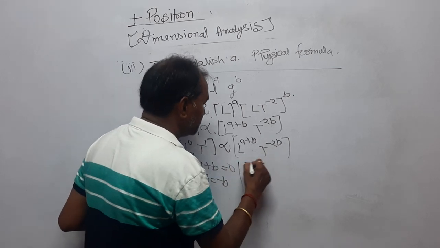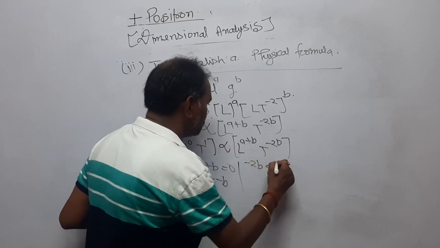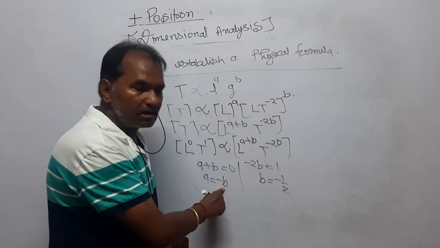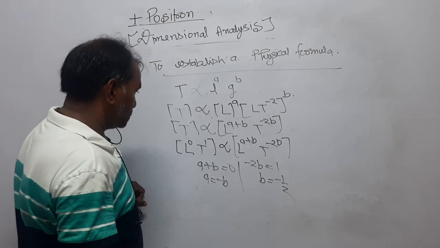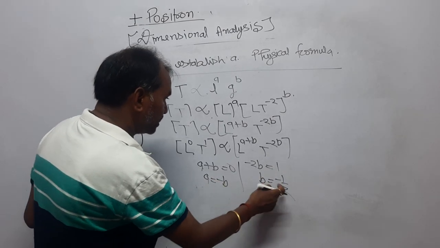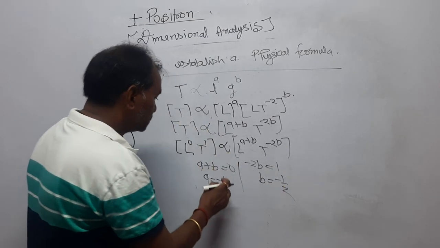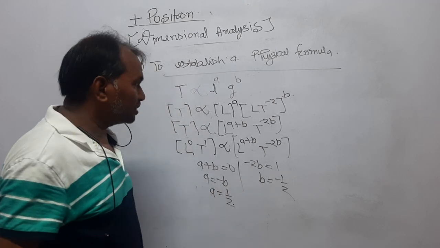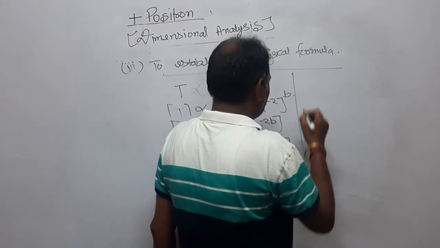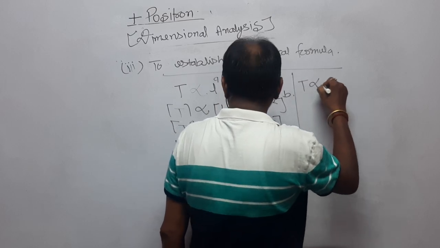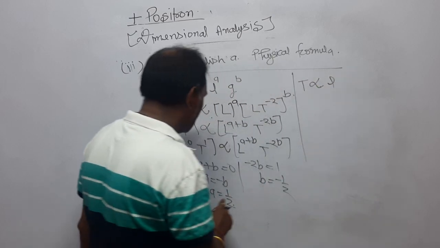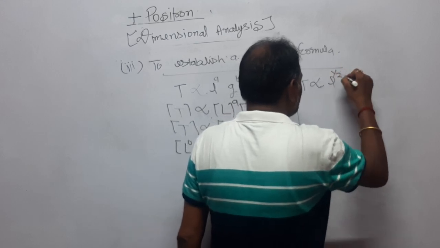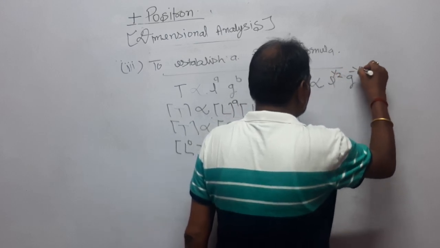And T has a power here of minus 2B and T has a power 1. So B is equal to minus 1 by 2. If you replace here, B is equal to minus 1 by 2, right? So A is equal to plus 1 by 2. Now your formula becomes T proportional to L to the power A, A is 1 by 2, and G to the power B, B is minus 1 by 2.